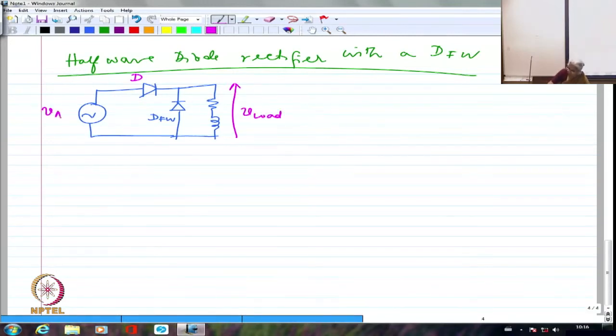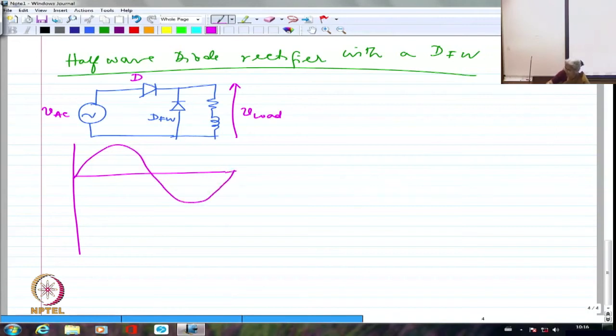So this is my supply voltage, and initially the diode starts conducting at this point. Right? And if we write the equation, we wrote it earlier also, Ri plus L di by dt equal to VAC when D is conducting. This is what we wrote earlier also.